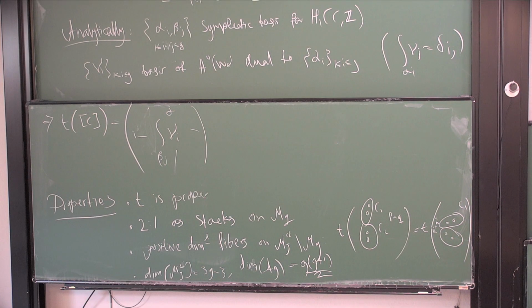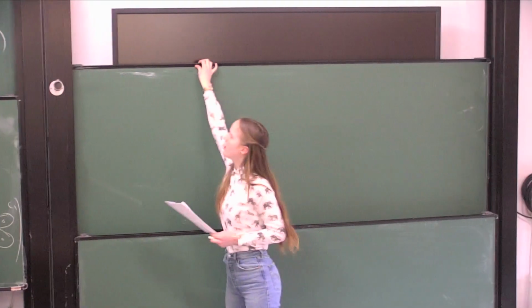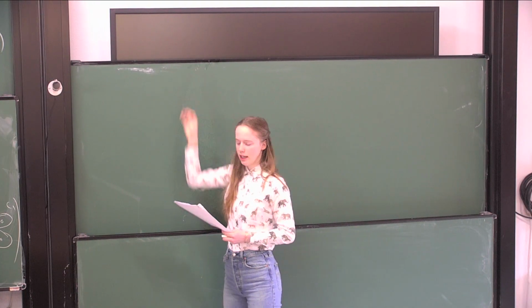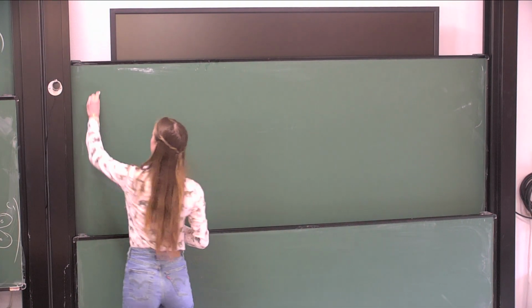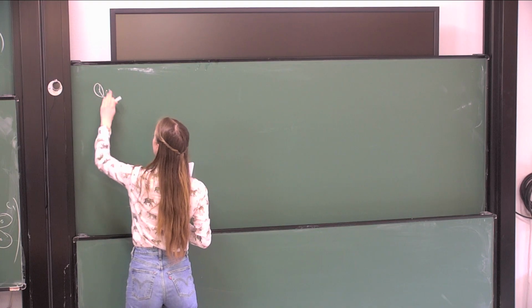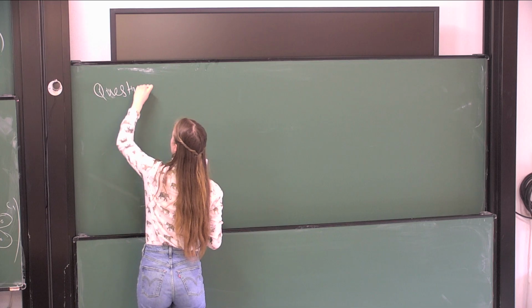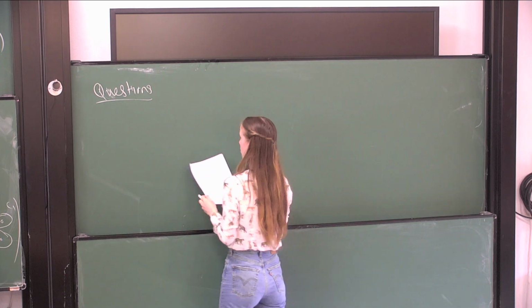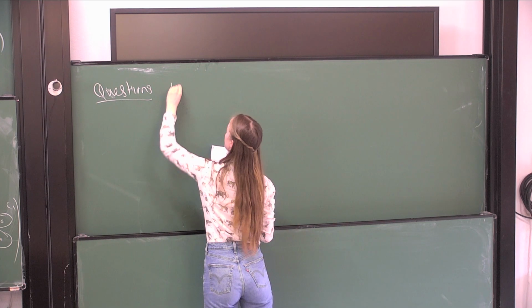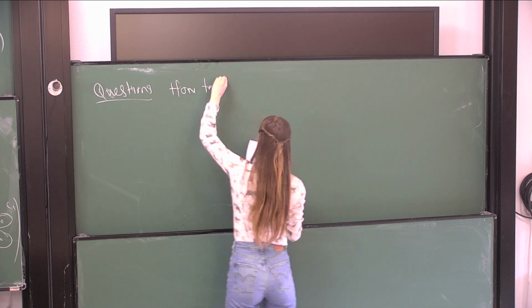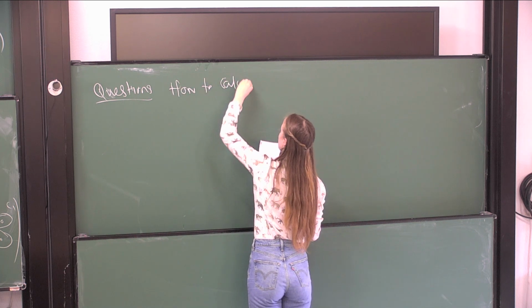Some questions that I've been studying lately are how to compute some scheme structures involving the Torelli map, and more specifically some fiber products involving the Torelli map.